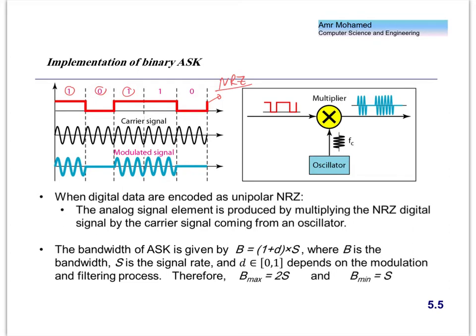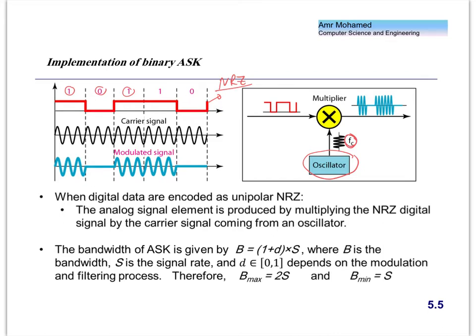What happens is that I will have a frequency oscillator. This frequency oscillator is nothing but a hardware circuit that has a crystal object that generates a fixed frequency. This hardware circuit generates a sine wave with a fixed frequency equal to the carrier frequency.